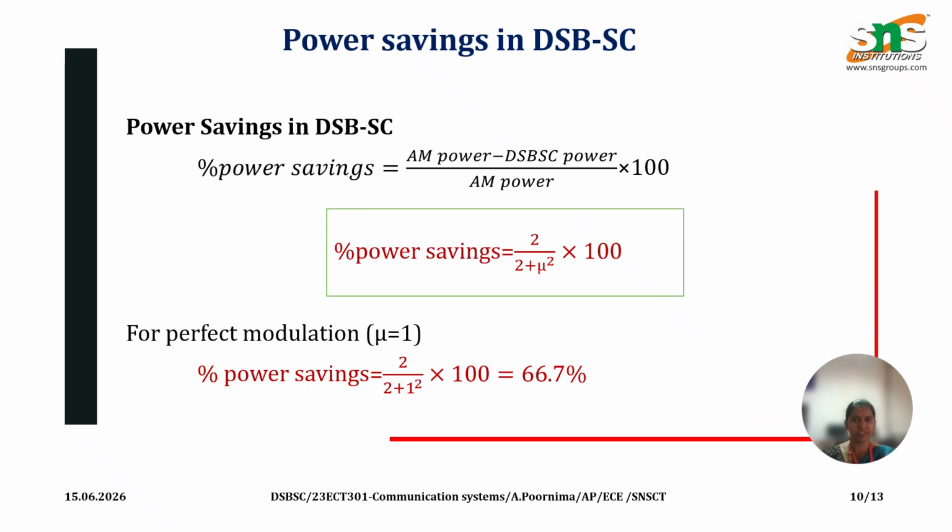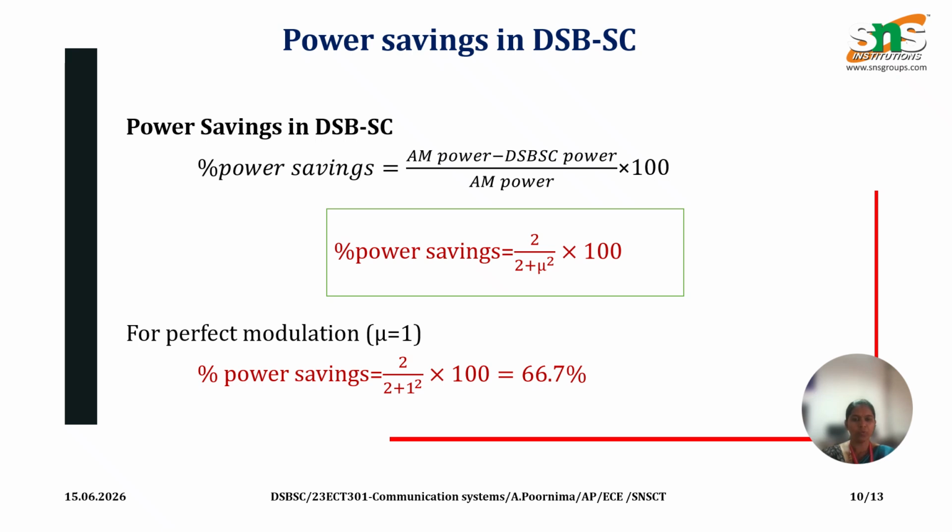Next is power savings. We know that the reason for moving from AM to DSBSC is to increase the power efficiency. How much power is saved is given by the power savings formula: percentage of power savings is equal to AM power minus DSBSC power divided by AM power, multiplied by 100%. This ends up with the formula 2 by 2 plus mu square into 100%.